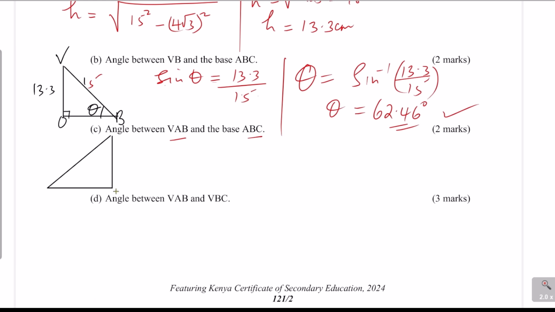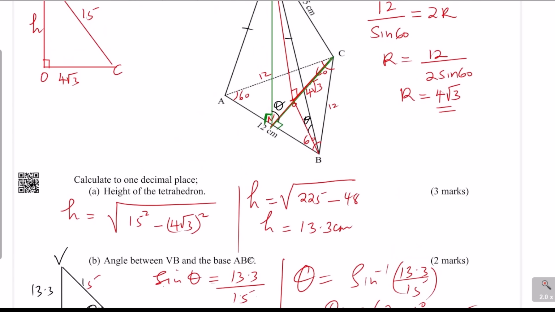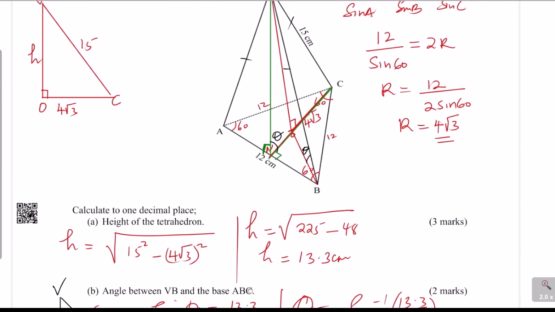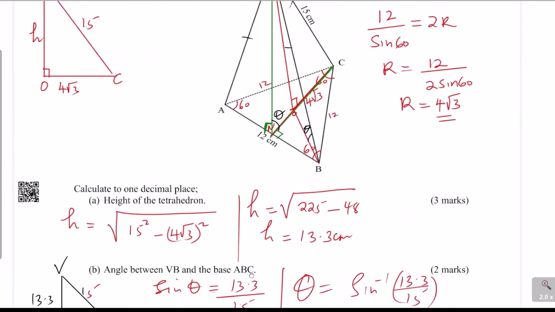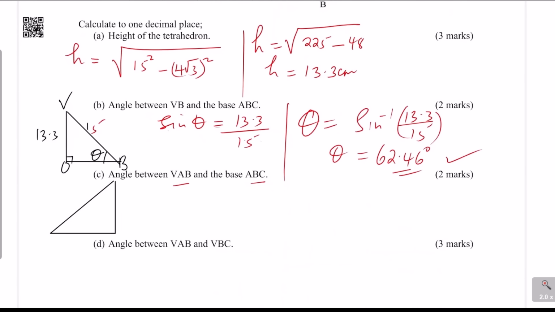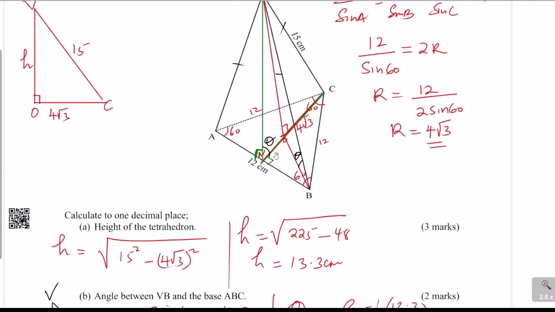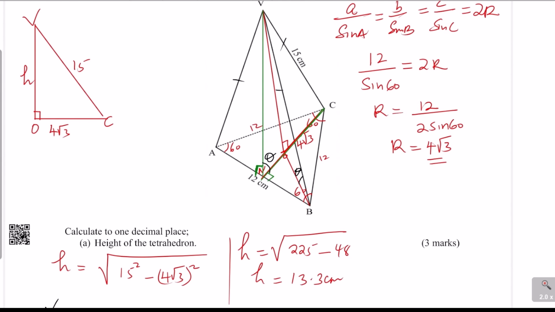So we have ONV. So this is O, N, and this is V. O is here, N is here, and V is here.